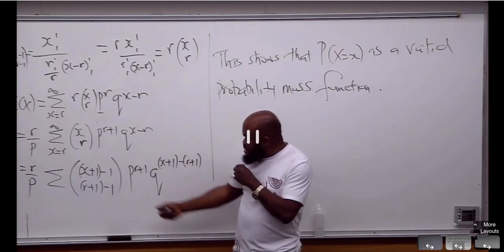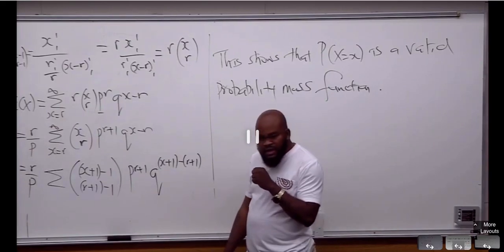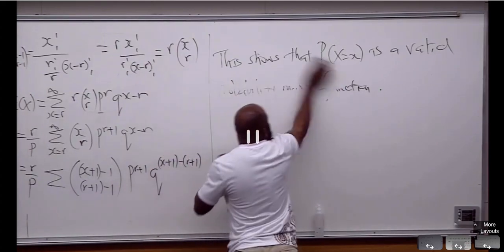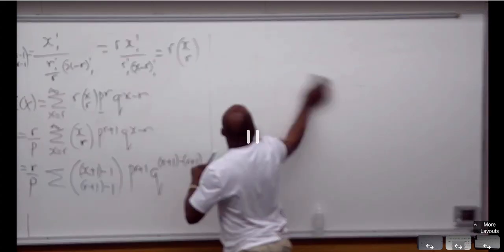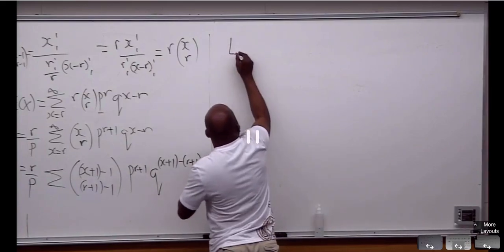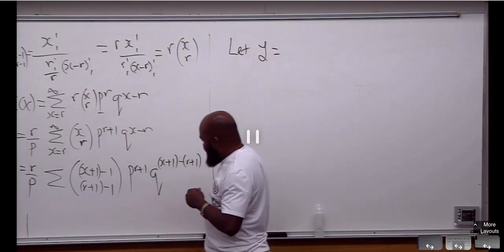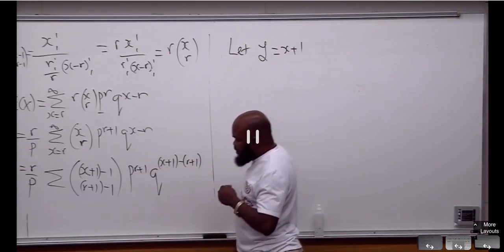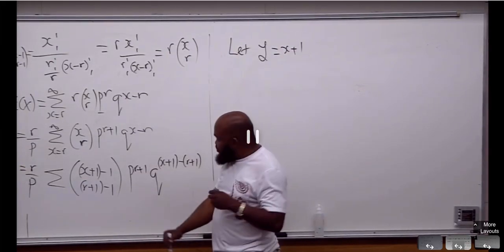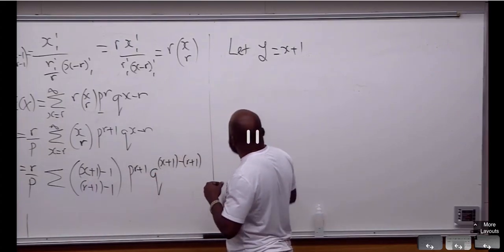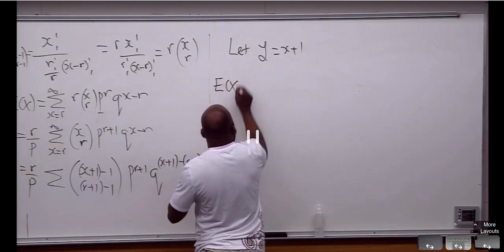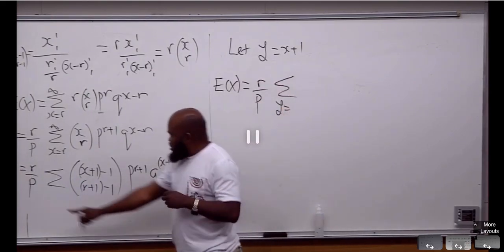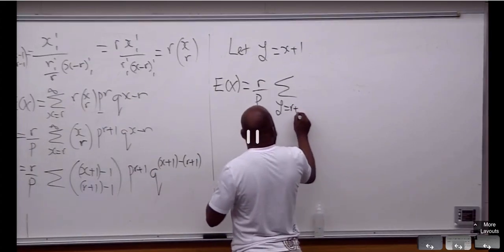Now I can decide to let y be this guy. Let y be that. If y is x plus 1, then if I want to rewrite this, y is going to start from, initially x was starting from r, right?